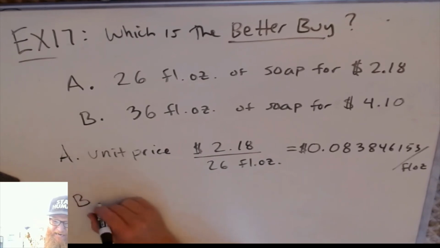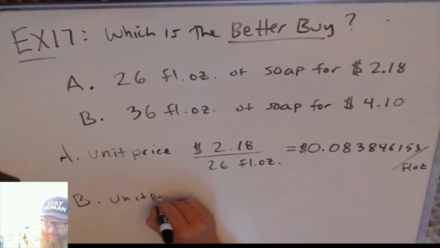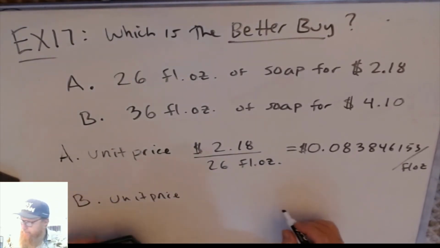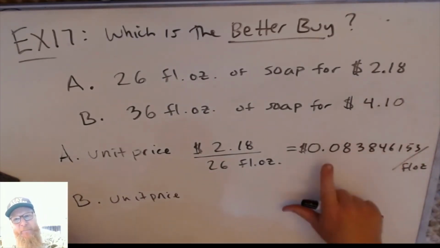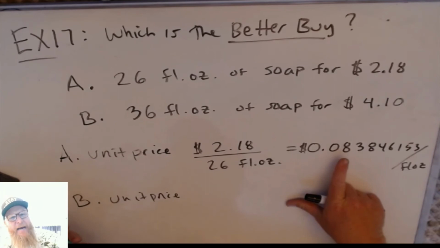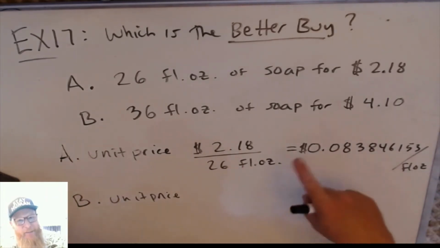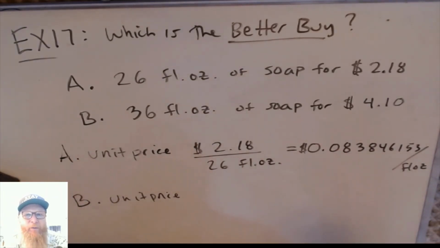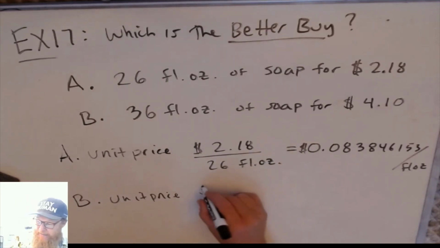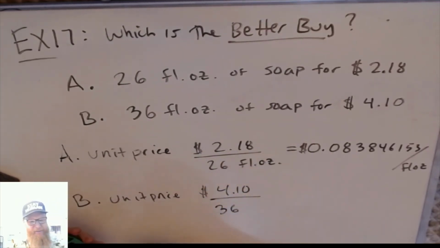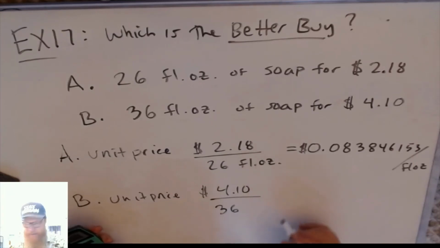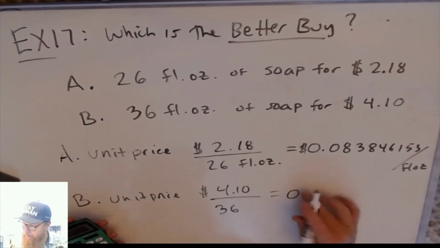And then B, the unit price is, now I usually keep all the decimals because if I round it now, sometimes they come out to be the same and then it's hard to tell which one's the better buy. So that would be $4.10 for 36 ounces. $4.10 divided by 36. Yeah, that's way more.